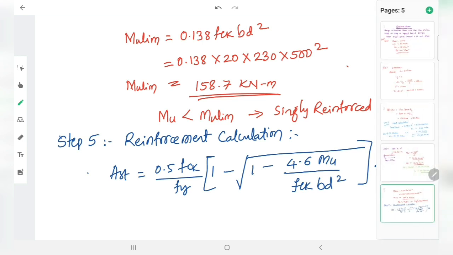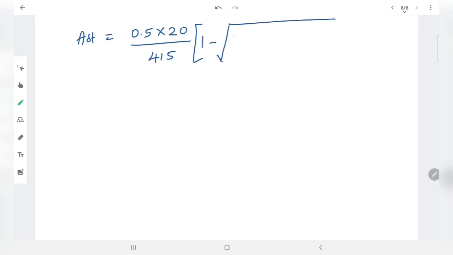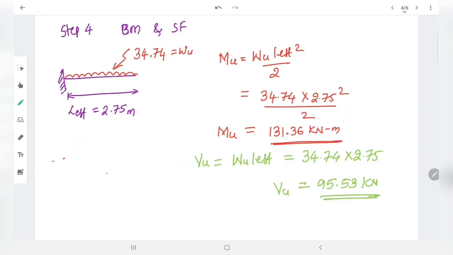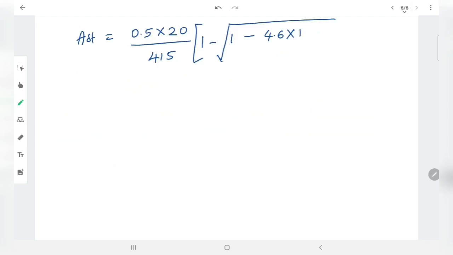So here I will be using this equation to find the value of AST, that is equal to 0.5, FCK is 20, Fy is 415, into bracket 1 minus root of 1 minus 4.6 MU. Among MU and MU limit, whichever is the least value will be considered, that is 131.36, into 10 to the power of 6, divided by FCK BD square.